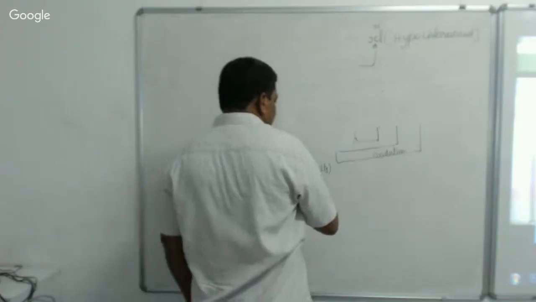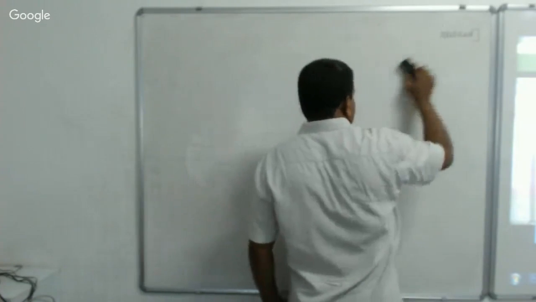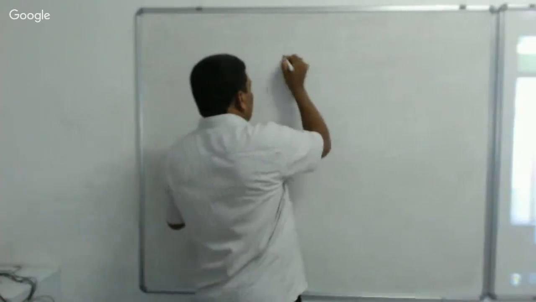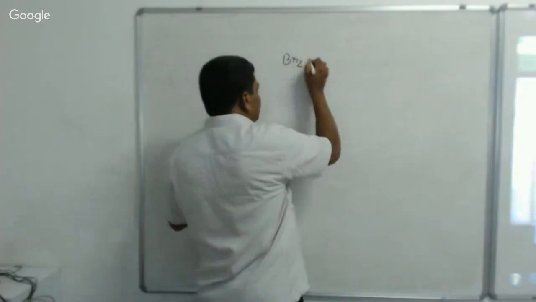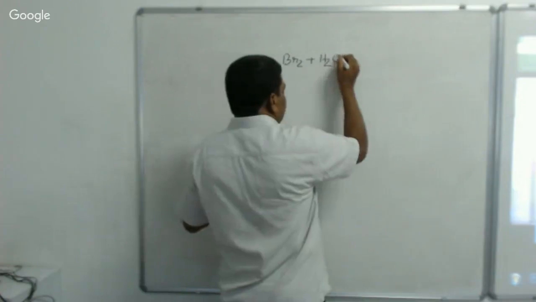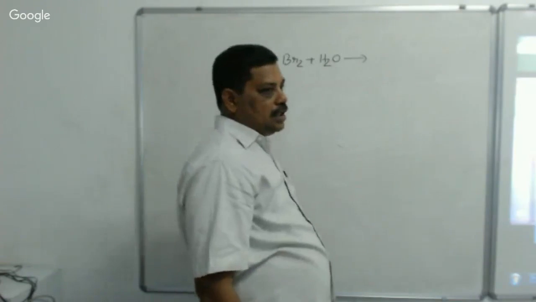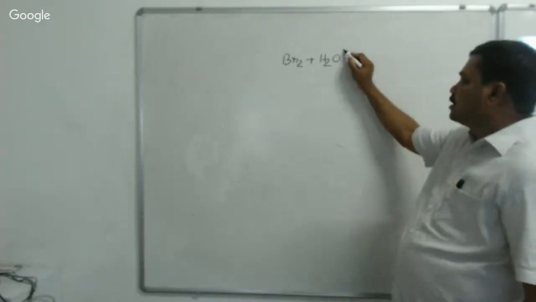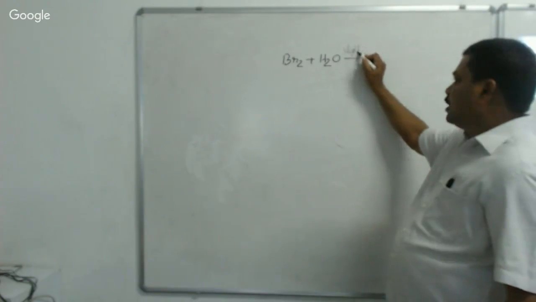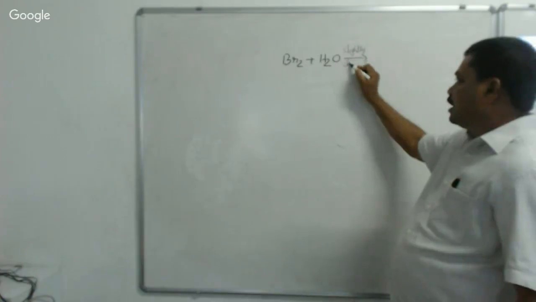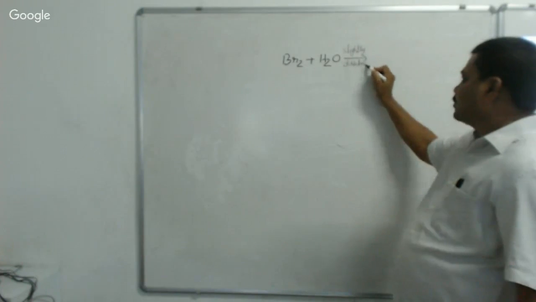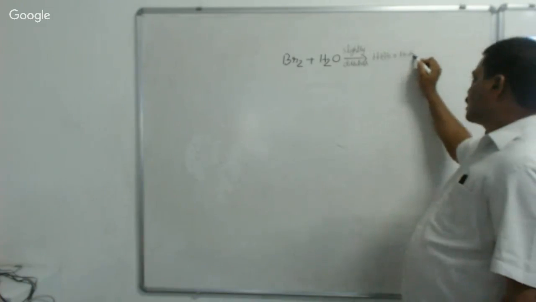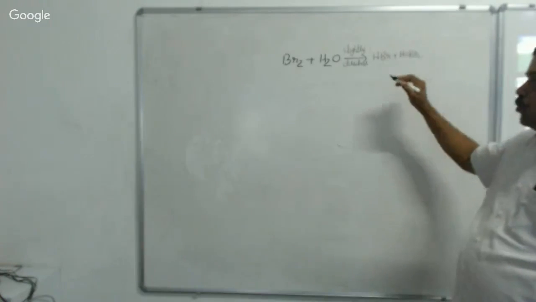So now we have completed the reaction of halogens in water, fluorine and chlorine. Now bromine. As we come down the group, the water solubility decreases. Bromine slightly dissolves. It has very low solubility, and forms HBr and HOBr, hypobromous acid.